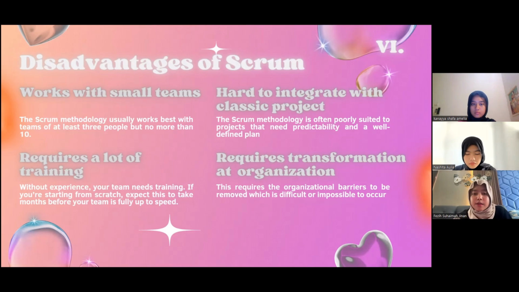Then it is hard to integrate with classic projects. This method is often poorly suited to a project that needs predictability and a well-defined plan. Last, it requires transformation at the organization, which requires organizational barriers to be removed, which is difficult or impossible to occur.